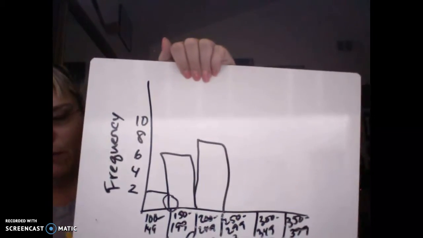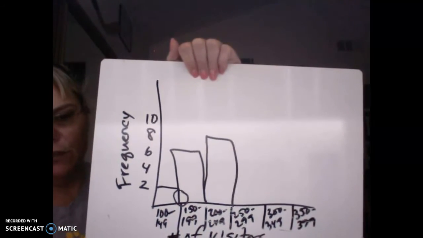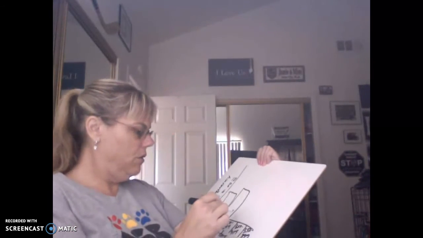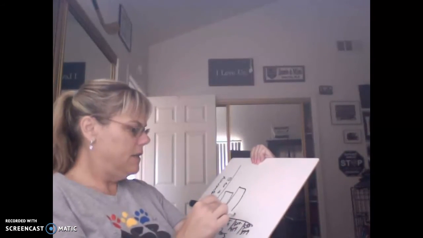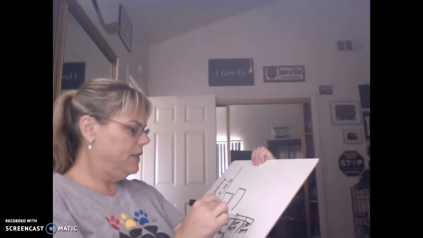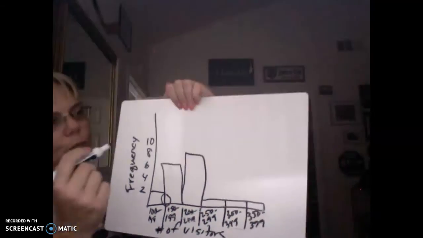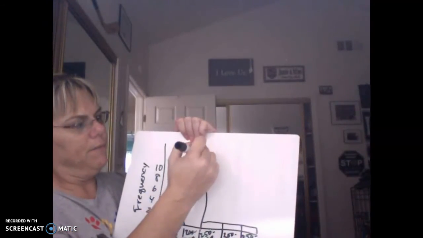Hopefully yours touch better than mine do, but that's what they're supposed to do. 250 to 299, we said there was 1. I guess all the rest are 1. So they're all going to touch like that. That's what your histogram would look like. This is a histogram.